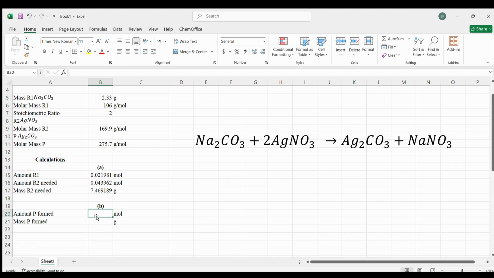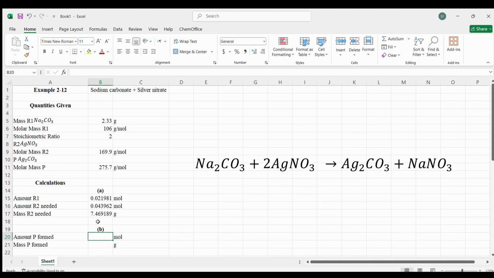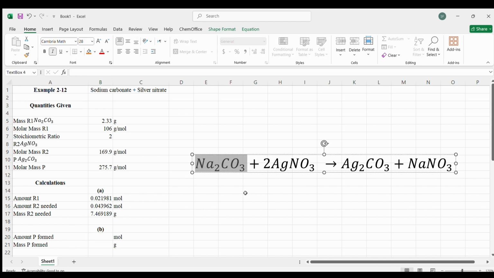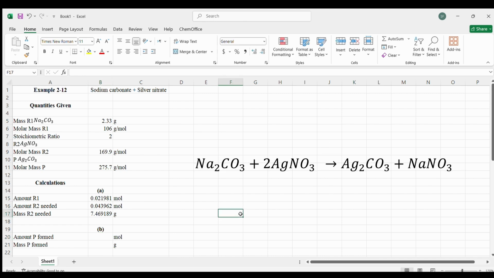Okay, let's head to part B. In part B, we need to find the amount and the mass of the product, which is silver carbonate. So the amount of silver carbonate, I mean the moles of silver carbonate, is exactly equivalent to the sodium carbonate. You may ask why? Because they have the same stoichiometric ratio.